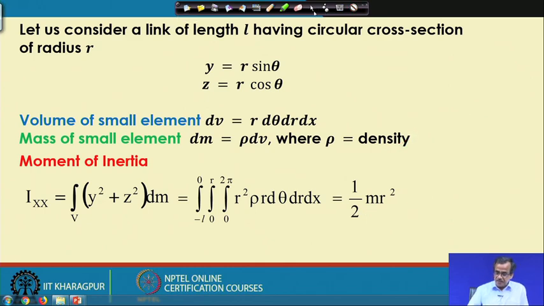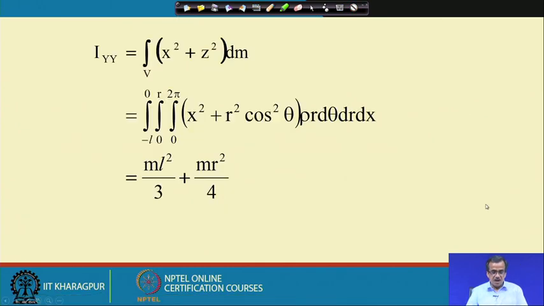Now, the moment of inertia about y y is the volume integration of y square plus z square dm. Sorry, x square plus z square dm. In place of z square, I put r square cos square theta, and dm is rho r d theta dr dx.